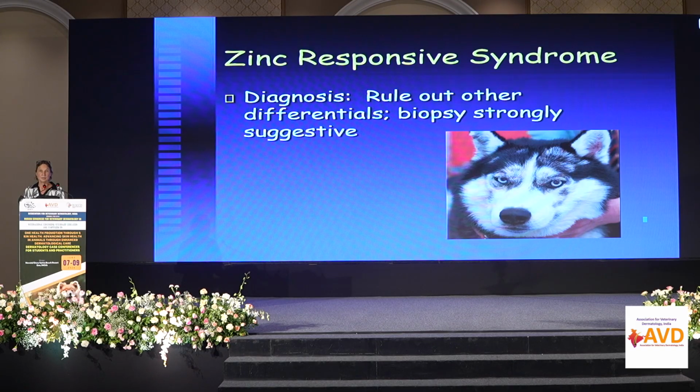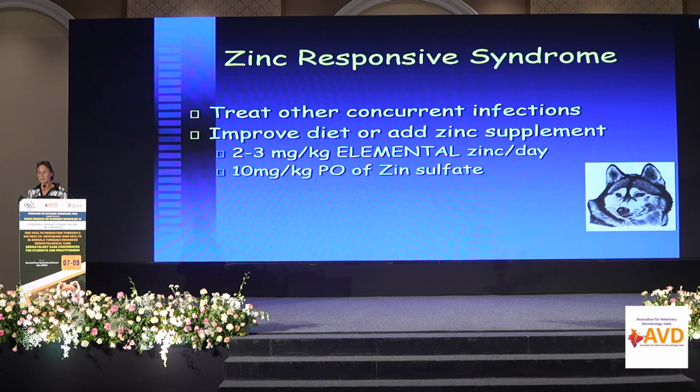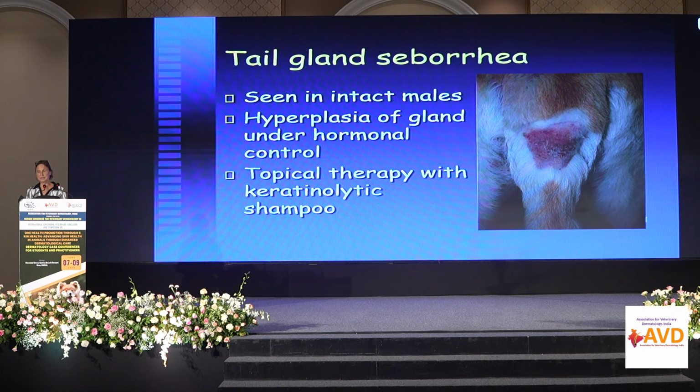The diagnosis is by biopsy, where you have parakeratosis, a thick stratum corneum. So the right breed, the right location, and the histopathology lead to the diagnosis of zinc responsive disease. We supplement these dogs with elemental zinc to correct these deficiencies.